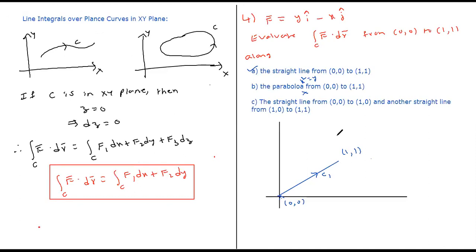Okay, so what is the next curve? Next curve is the parabola x square equal to y. How does x square equal to y look? Open upward. It will be like this, right?